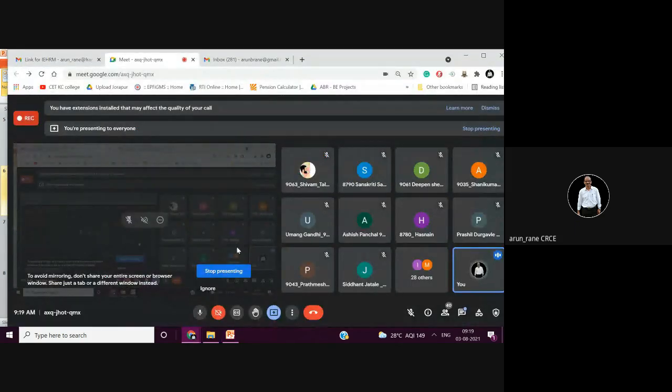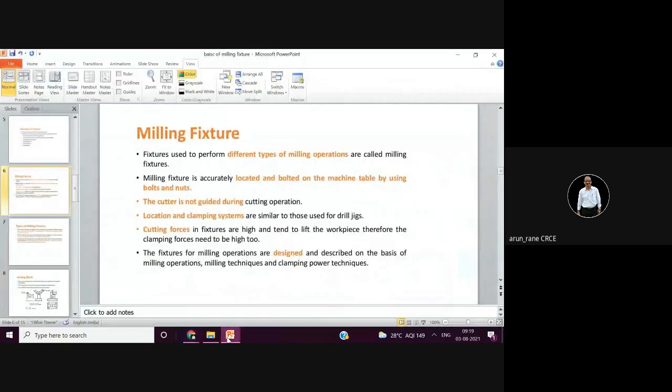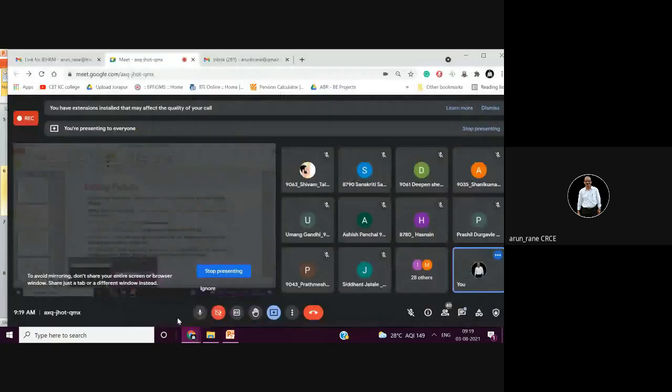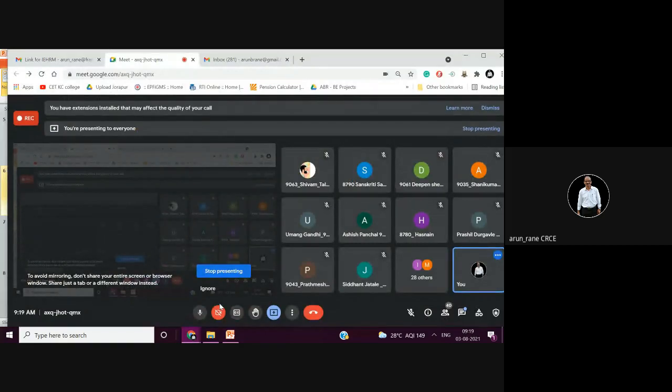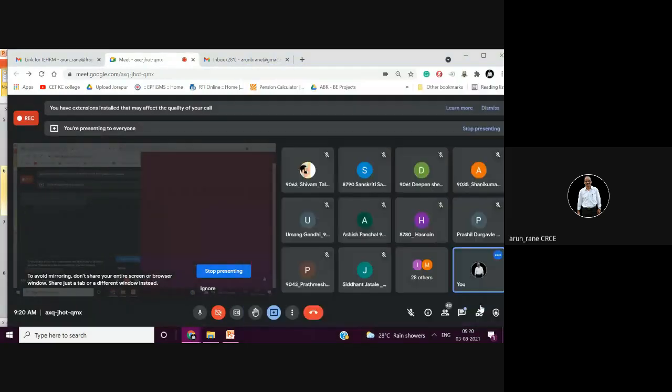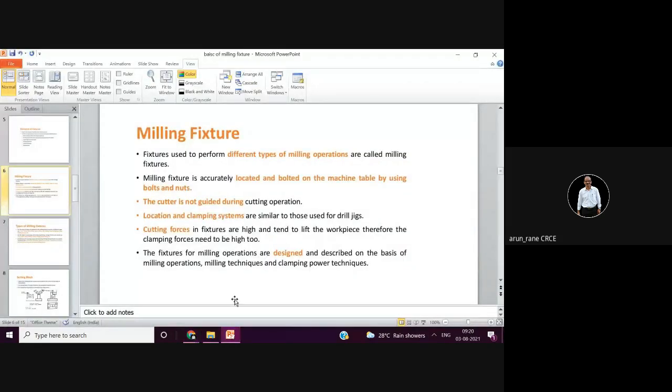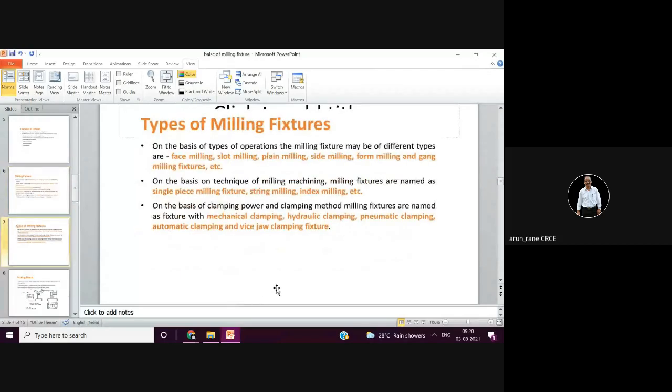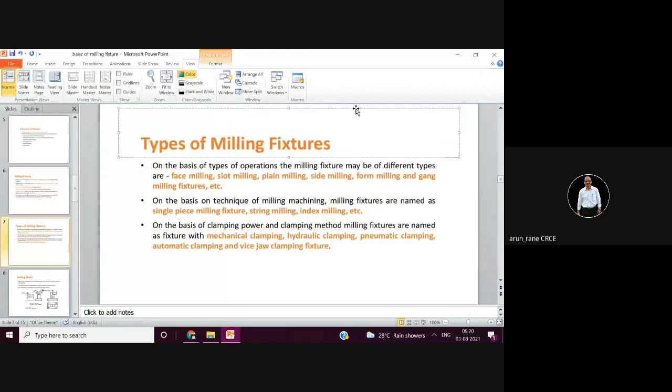If you have any doubt, you can please stop me and ask. Again, depending upon the milling operations, you have different types of milling fixtures.